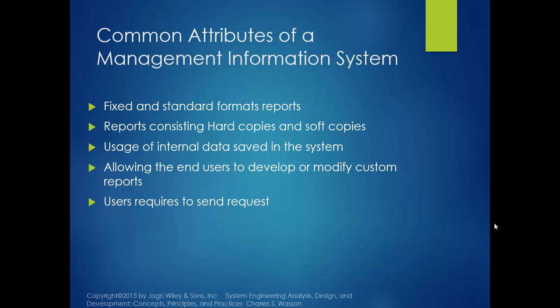Some of the attributes are that it has a fixed and standard format report. It has that built within it, and reports consist of hard copies and soft copies, either electronic, which can be distributed via email, or hard copy that will be printed and distributed through paperwork.